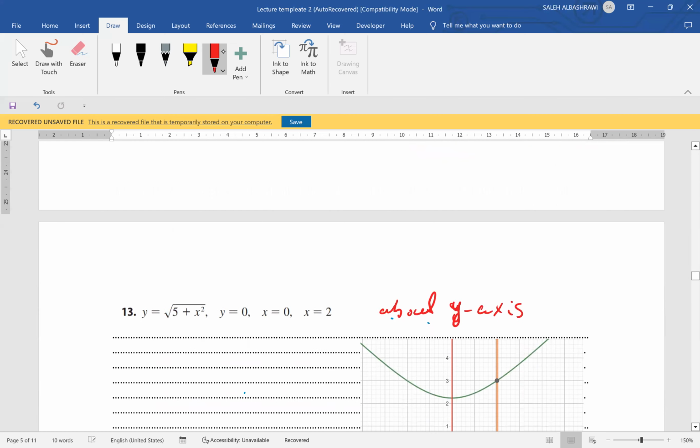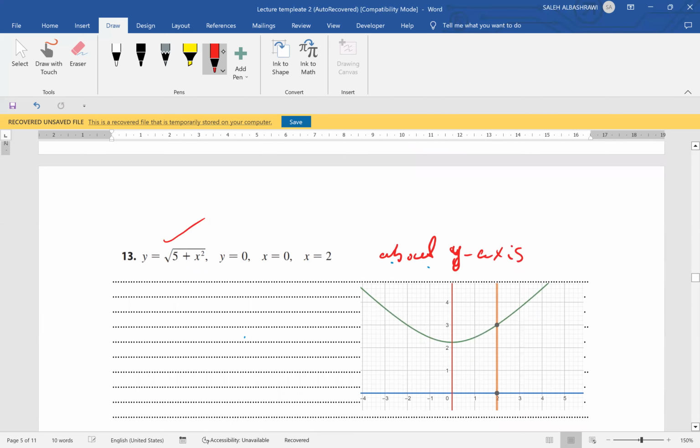The graph for the first function, y equal to square root of 5 plus x squared, is given by this. This curve is the upper half of the hyperbola, because this is the equation of a hyperbola.